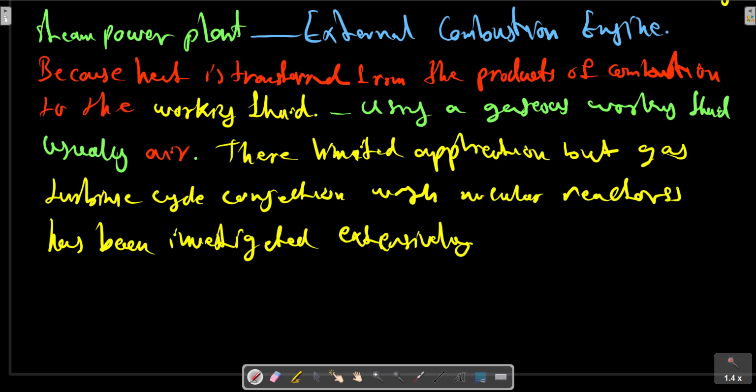Other external combustion engines are currently receiving serious attention in an effort to combat air pollution.